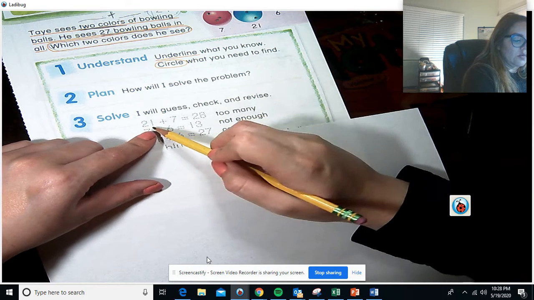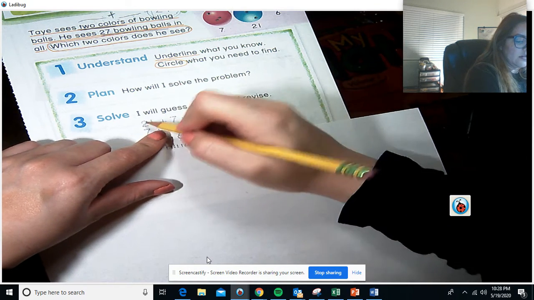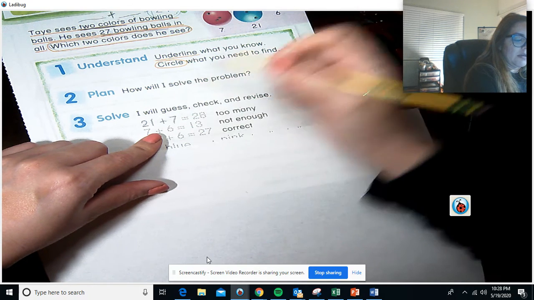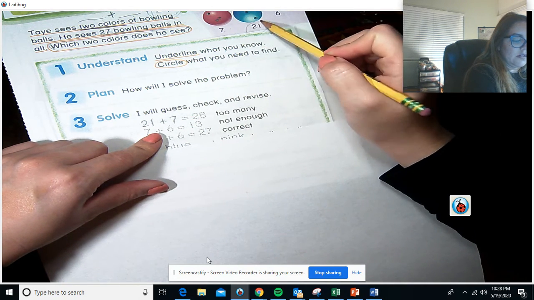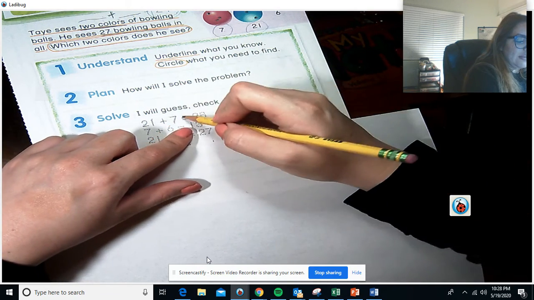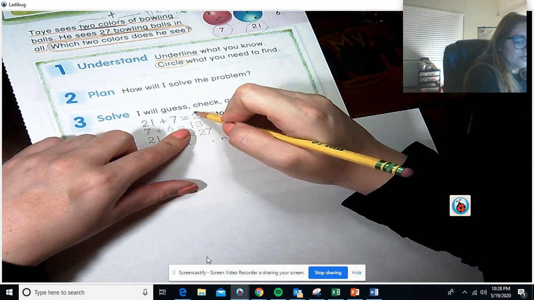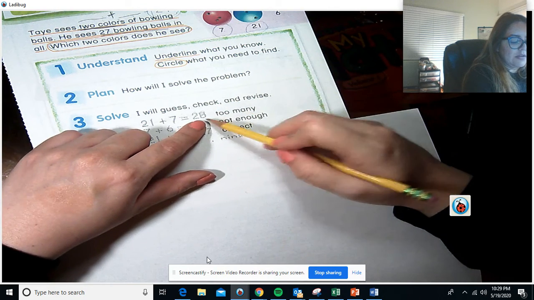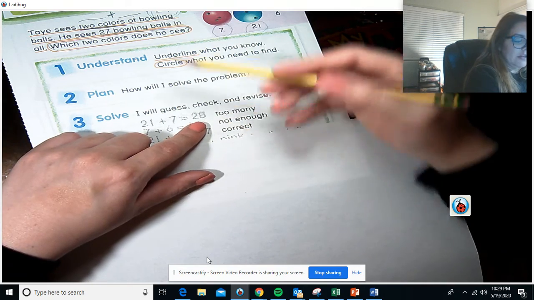So we could do 21 plus 7. So maybe he saw this color and this color. That equals 28. It can't be 28. That's too much.